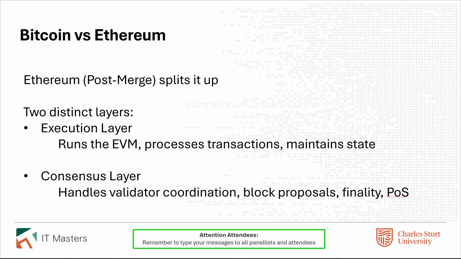And then you've got the consensus layer. So it's an actual separate layer that's different to the execution layer, where in Bitcoin it's all mixed, and in this there's a separate layer. And it handles the validation coordination, block proposals, the block fidelity, and the proof of stake mechanism.